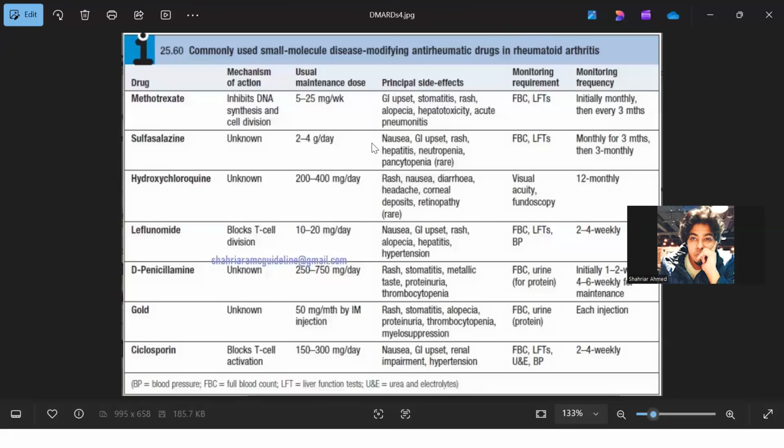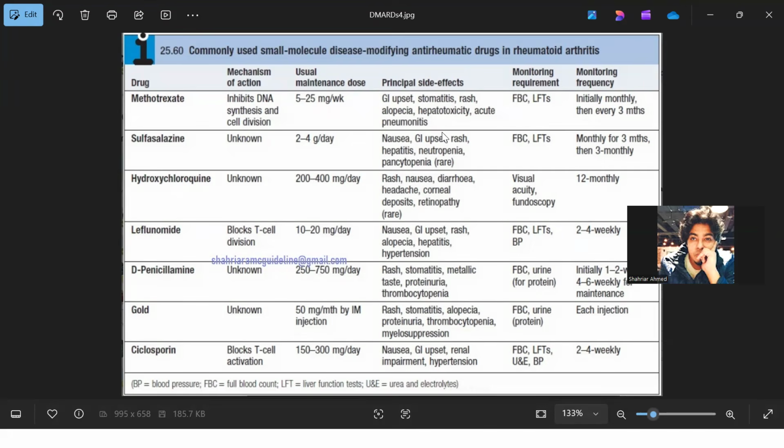So this brings us to the pharmacology related to rheumatoid arthritis. By the way, guys, pharmacology is something you also need to give a little more emphasis. Anyway, in this chart, methotrexate is one of the very important drugs but not safe during pregnancy, yet it is one of the most used drugs, along with sulfasalazine. These first two are the most used drugs, and both have an effect on the bone marrow.